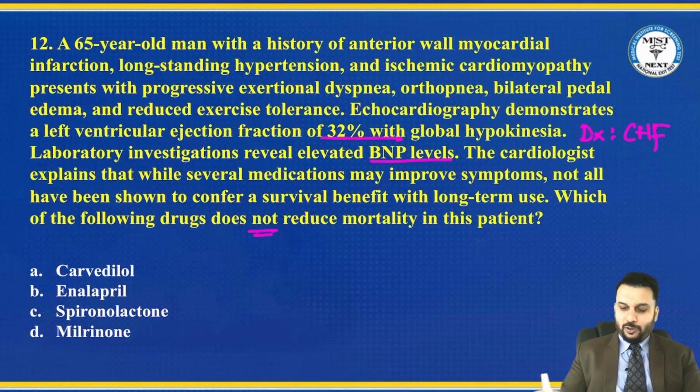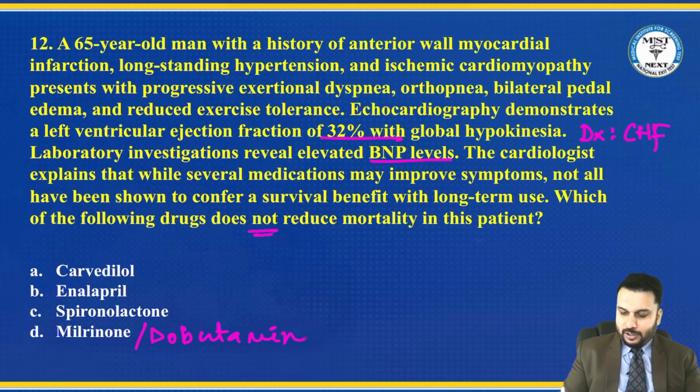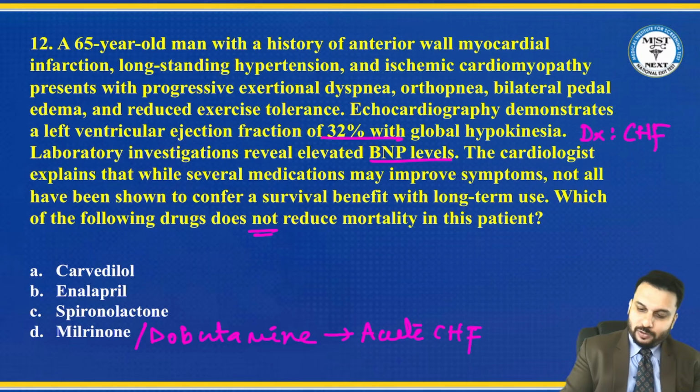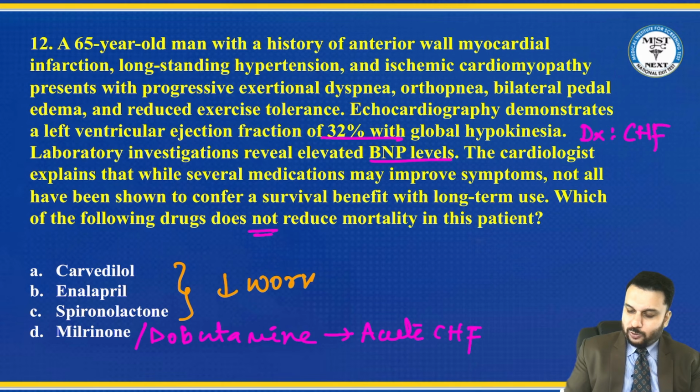Okay, milrinone or dobutamine. These are the two drugs which we use in acute CHF and they don't reduce mortality, sir. But the other drugs in this option, they reduce the workload. Okay, they reduce the workload. The ones who reduce the workload are the ones who will reduce mortality.